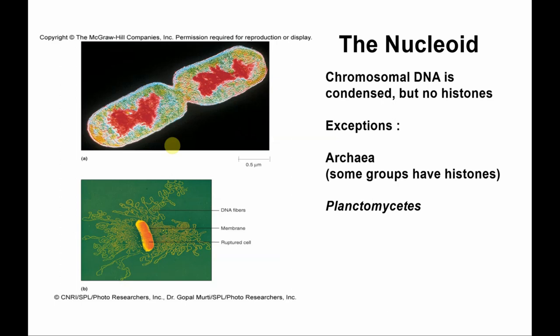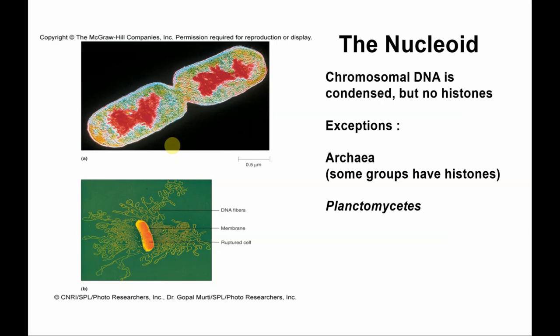And we'll see just in a few slides that this is very important for chromosomal segregation in bacteria. Okay. So there are some proteins that attach the origin of replication to the bacterial cell wall.